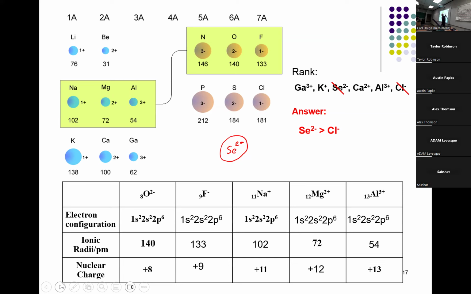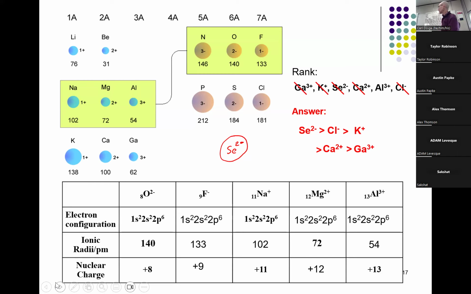Oh, yeah, right. Potassium, calcium, gallium. I can compare these guys all to chloride. They're all smaller. Okay, that's working out. So potassium, calcium +2, gallium +3.